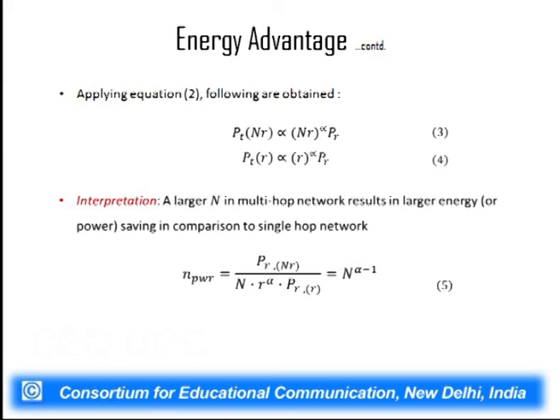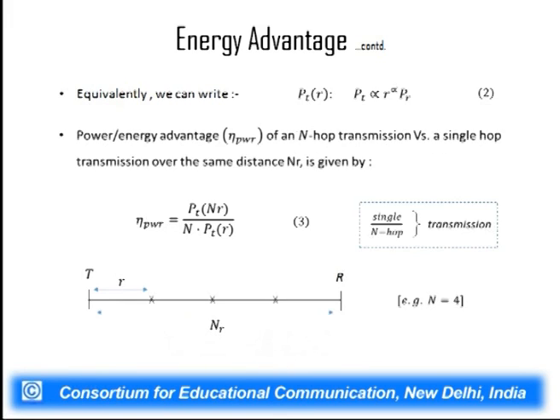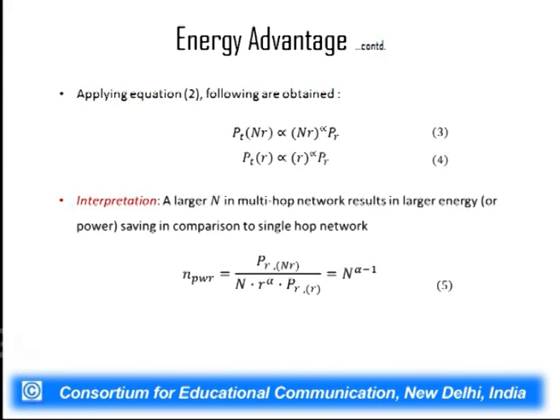Here, in equations 3 and 4, we have evaluated the single and multi-hop traversals. We plug these values into equation 3 that we devised earlier, and we find equation 5. If we put it in this particular fraction, some of the terms cancel out and we can simplify it, and we get a term n to the power alpha minus 1.